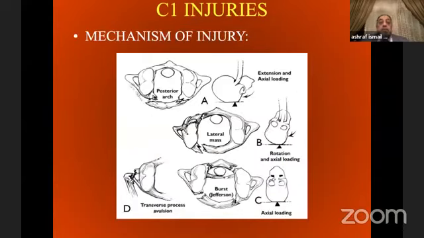Here is the mechanism: falling down on the head with different degrees of side tilting of the head, or on the front of the head, the back of the head, and so on. It will lead to an impaction fracture of C1.